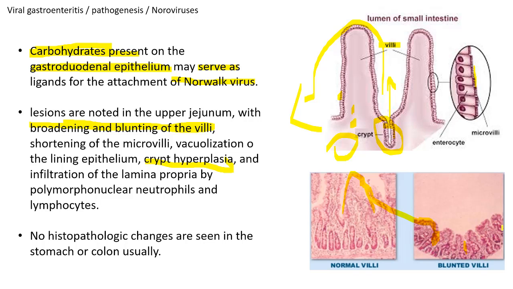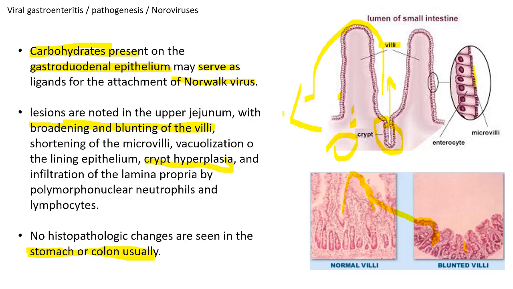There will be an inflammatory state in the GI tract that is quite similar to what we see in gastroenteritis: blunting, shortening of villi, shortening of microvilli, crypt hyperplasia, and so on. While the colon is usually spared, and histopathological changes in the stomach have also not been noted frequently. Okay.